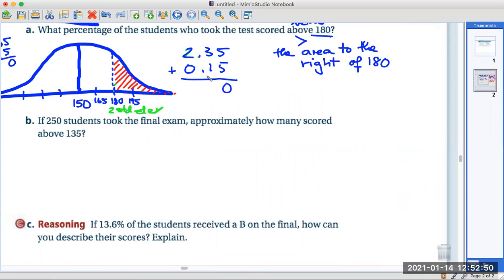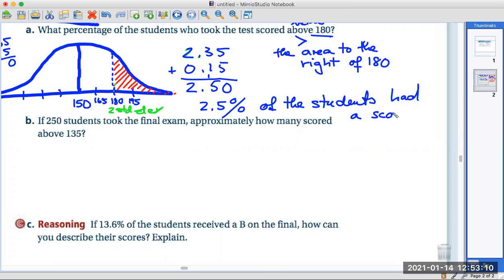So this is 2.5% of the students who had a score higher than 180.